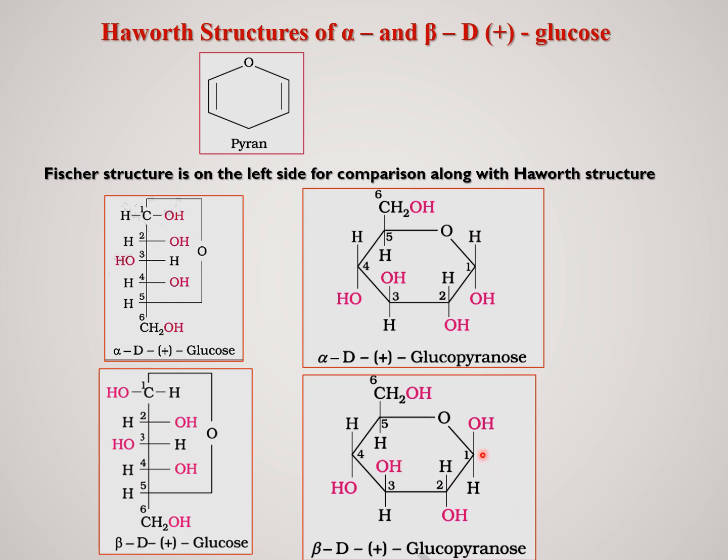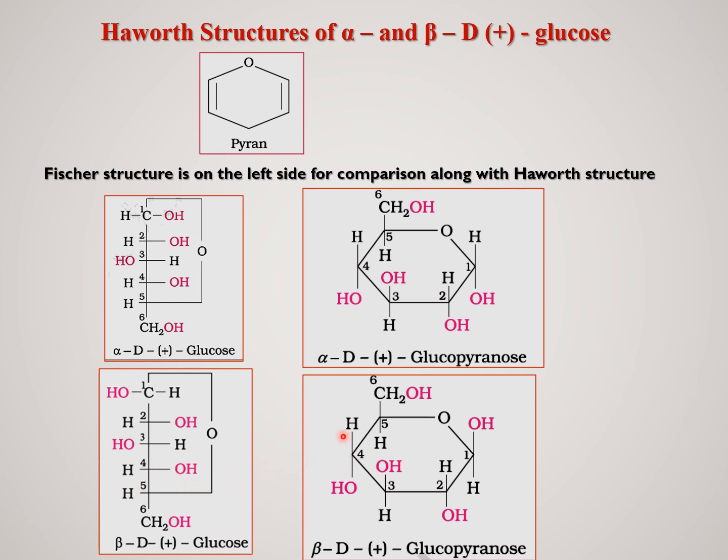Carbon number 1 has OH above the plane, H below the plane, as per the open chain structure of beta D plus glucose. Carbon number 2 has H above, OH below. Please keep observing the open chain Fischer structure on the left. Carbon 3, OH above, H below. Carbon 4, what is there? H on the left side, OH on the right side.